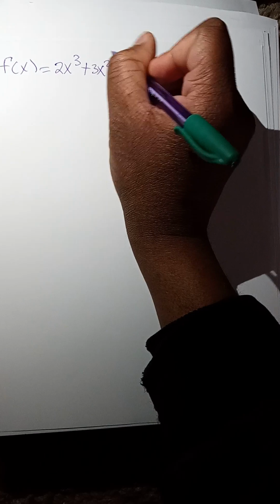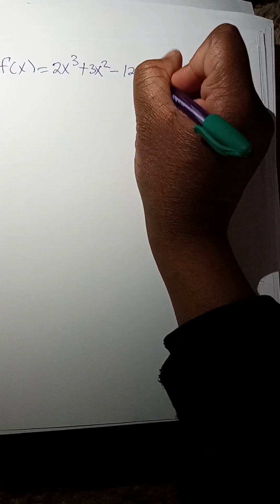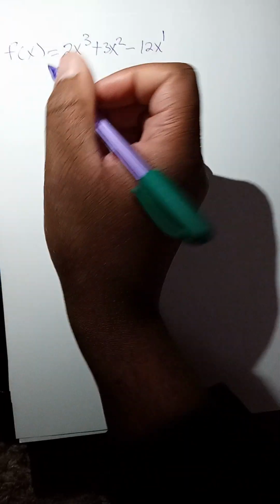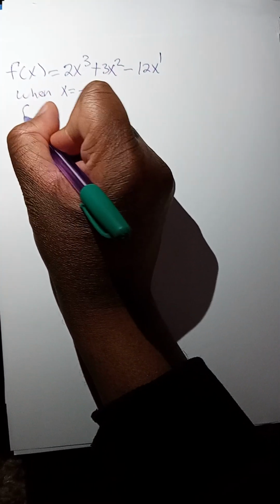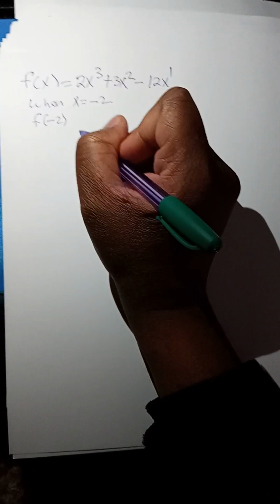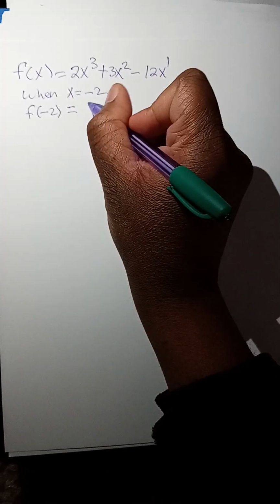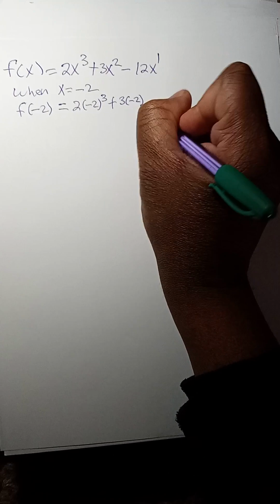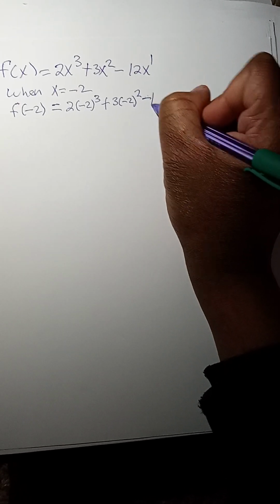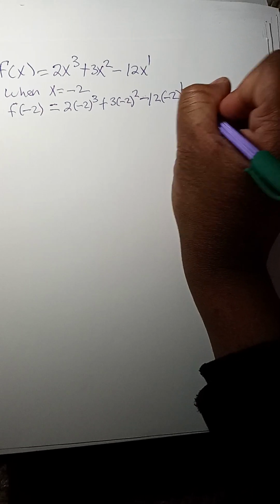The original function is f of x is equal to 2x to the power of 3 plus 3x squared minus 12x to the power of 1. So let's plug in. When x is equal to negative 2, f of negative 2 is equal to 2 times negative 2 to the power of 3 plus 3 times negative 2 to the power of 2 minus 12 times negative 2 to the power of 1.